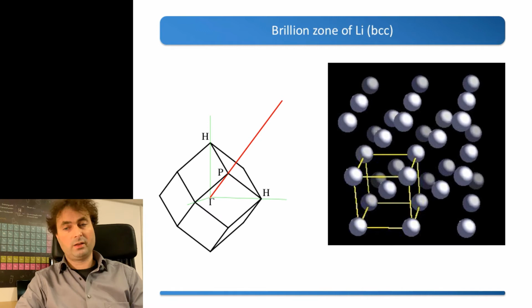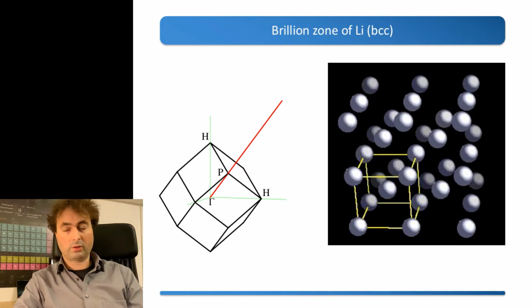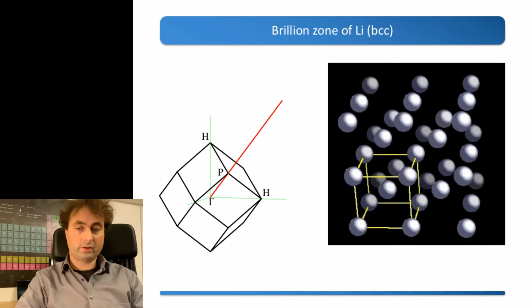And again, we can define different points in K-space, the zone boundary in the X, Y, and Z direction, which is a corner of the Brillouin zone, we call H. When we walk in the 1, 1, 1 direction, we call the zone boundary P. But you already see that this shape, although it is space-filling when you do the translations, is not a simple structure.